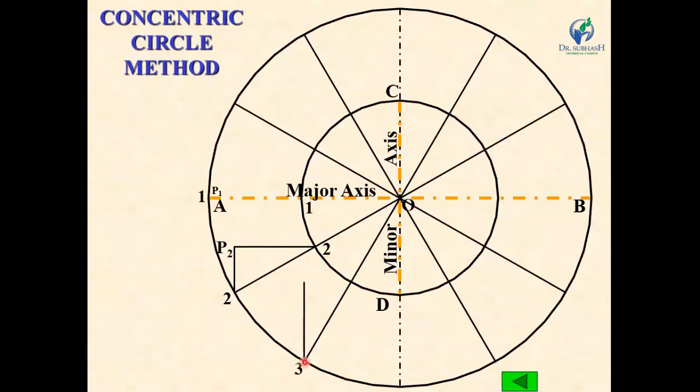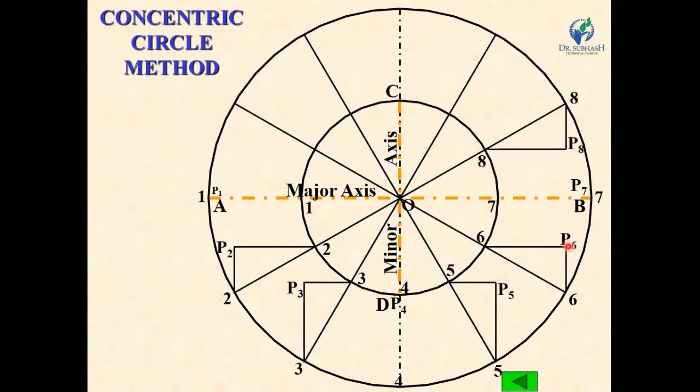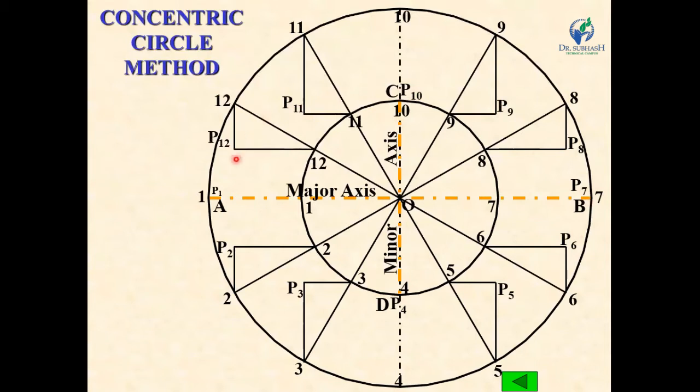Similarly, draw a vertical upward line from point 3 and a horizontal line from point 3 of the inner circle, and the intersection point is P3. Similarly, you can find the points P5, P6, P7, P8, P9, P10, P11 and P12.